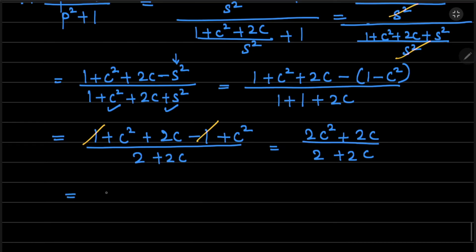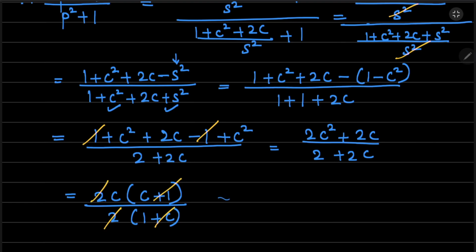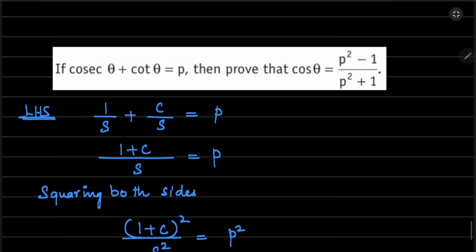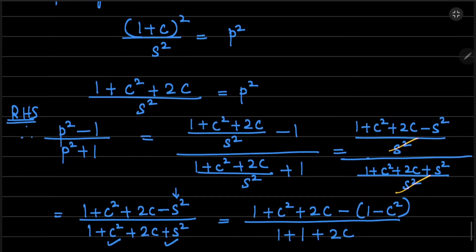Take 2 cos common from the numerator. So what remains is cos plus 1, whole divided by, again take 2 common out, 1 plus cos. So this 1 plus cos and 1 plus cos get cancelled, 2 and 2 will get cancelled, and what remains is only cos theta. And this is equal to our LHS. So we are taking our RHS initially after finding out what your p square is in terms of sine and cos.